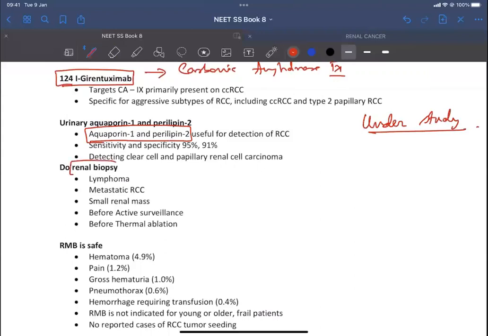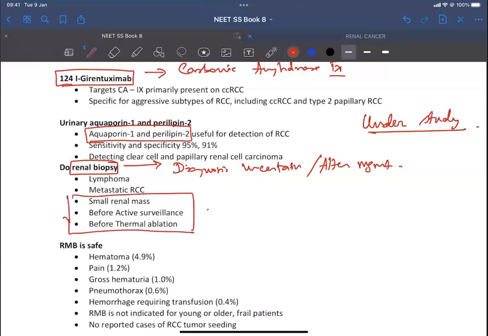So when do you do a renal biopsy? You do a renal biopsy when your diagnosis is uncertain and it will alter management. It's good to have a tissue diagnosis before you decide to embark on surveillance, because certain types of tumors may not be suitable for active surveillance.